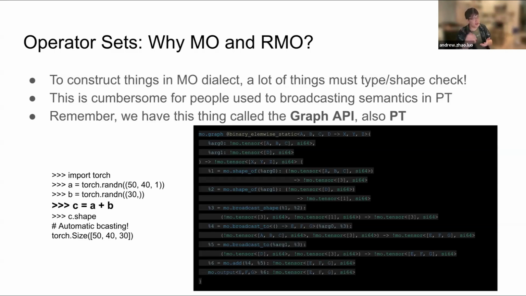And there are pretty complicated manipulations of the shape system that you just have to know in order to make this work out, right? So if you are the graph API, you really don't want to manually create all of these operations on the right just to do the simple addition, right? That's the point of the slide. And remember, you have to make MLIR because the graph API just should grow for MLIR, right?